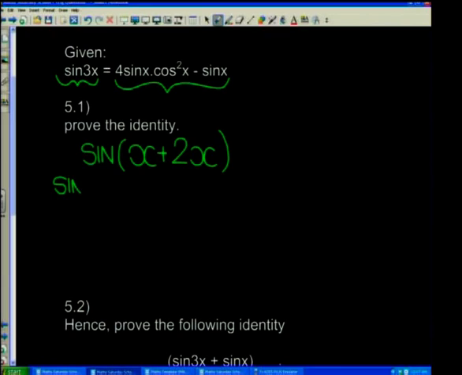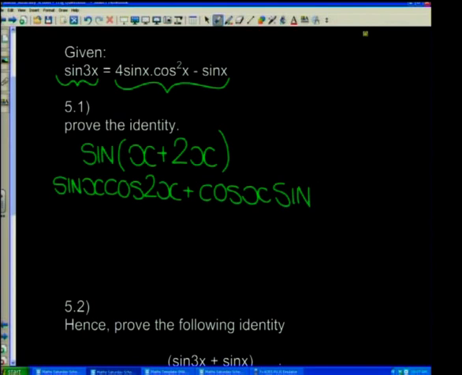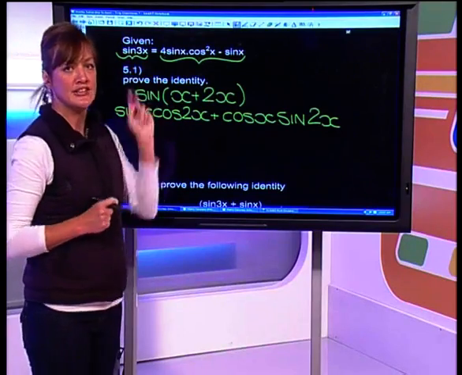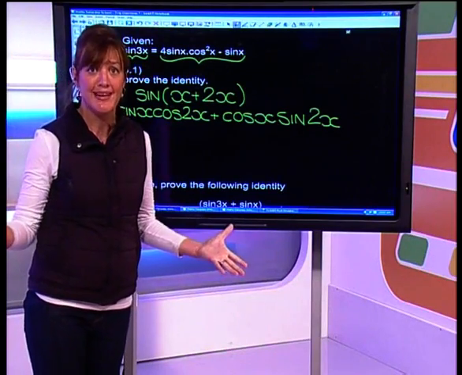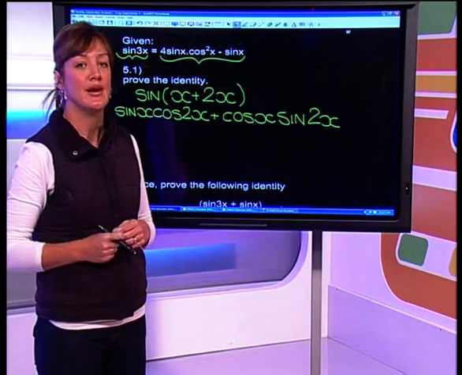We're going to say sine x cos 2x. Remember, s for sine and s for stays the same. And then I'm going to have cos x and sine 2x. Okay, so we can already see how this little side is not so little anymore. We've managed to expand it already to start looking quite big.